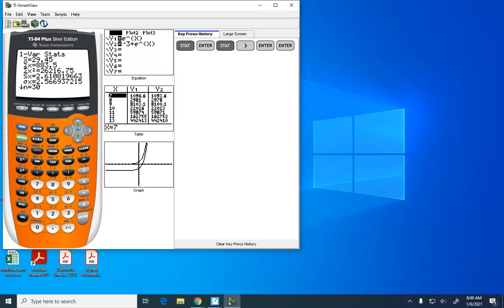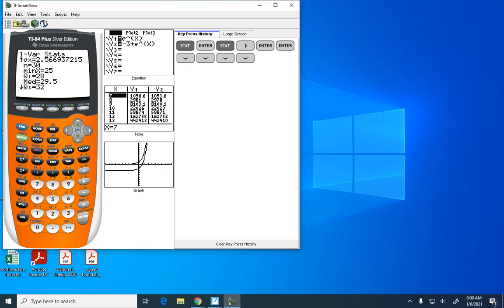There's our sample mean, our sample standard deviation. Once again, make sure you're using Sx rather than sigma x because we're dealing with a sample standard deviation. As you scroll down, you can pick up your 5-number summary, which we've talked about before. You have your minimum, your first lower quartile, your median, your upper quartile, and your maximum.